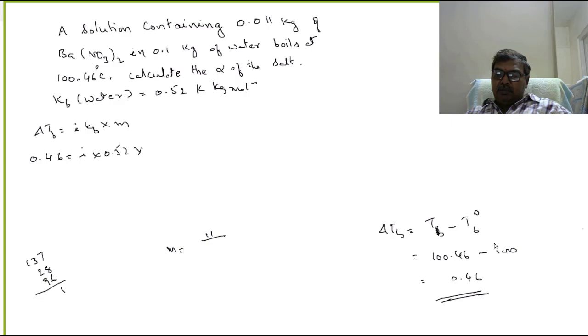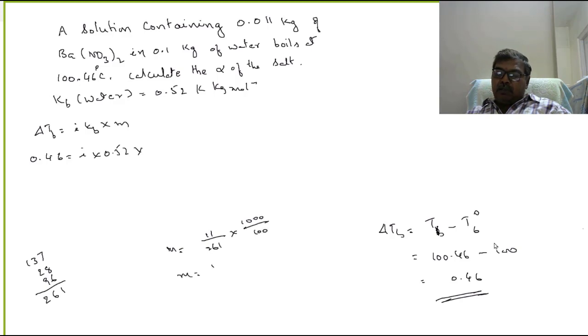So, 261 into 0.1 kg of water, 1000 by 100.